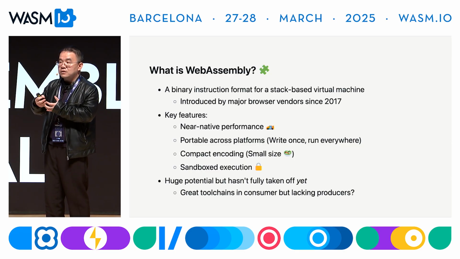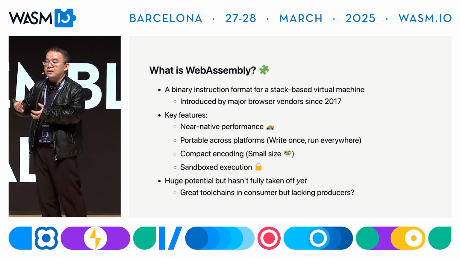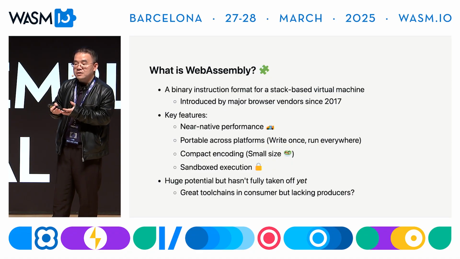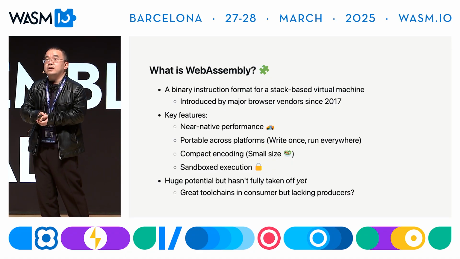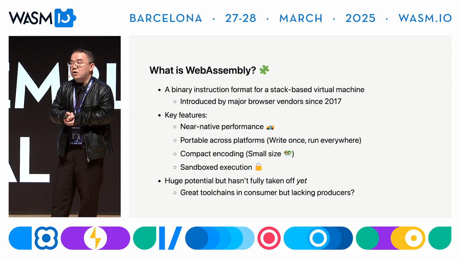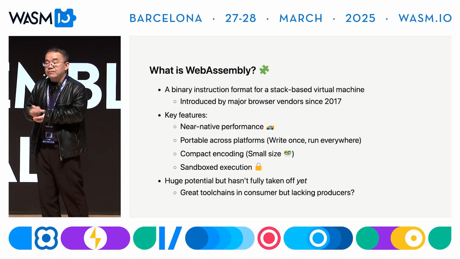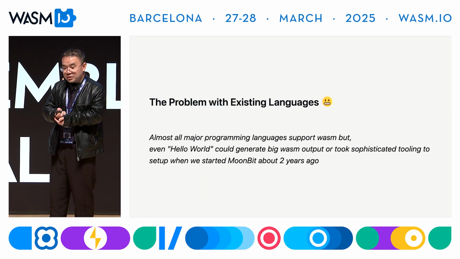We have lots of very good WebAssembly runtimes, like Wasmtime and Wasmer, but we don't have a good producer. When I studied MoonBit, only Rust and C++ could give you a small code size.